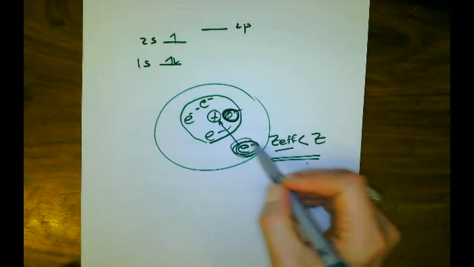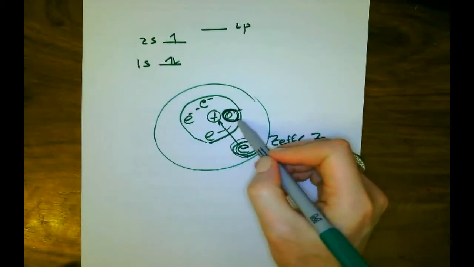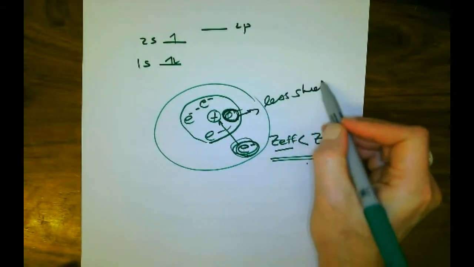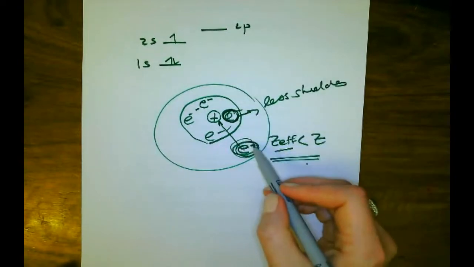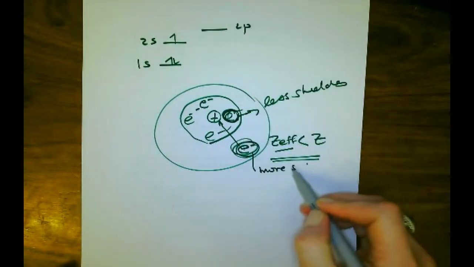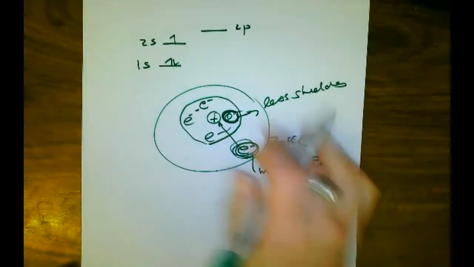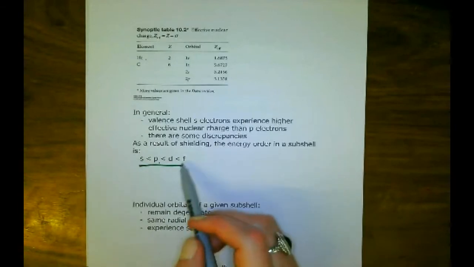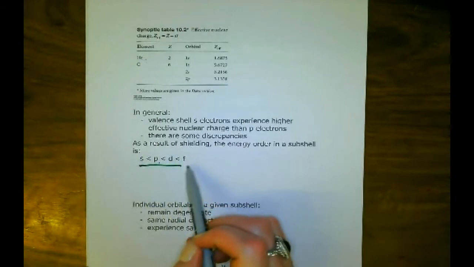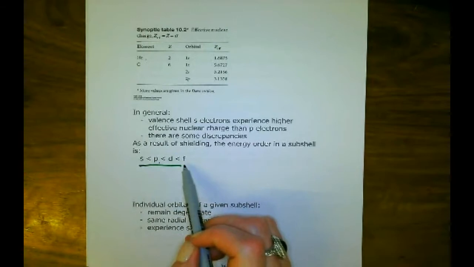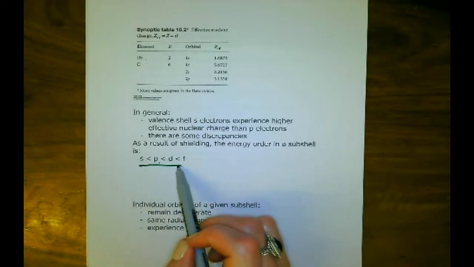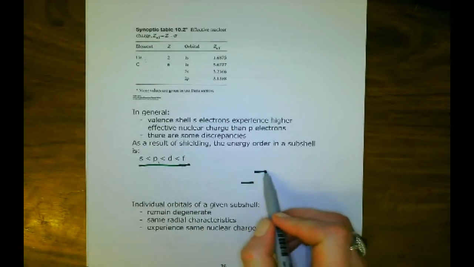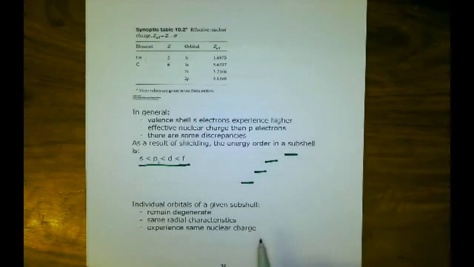So that would be 3s, that would be 3p. So your 3s orbital will be less shielded. It's standing next to the fire. Your 3p electron will be more shielded. So as a result of these two effects, what we find is that the energy levels now are no longer degenerate in a shell, and they have these relative energies. So S, P, D, F.